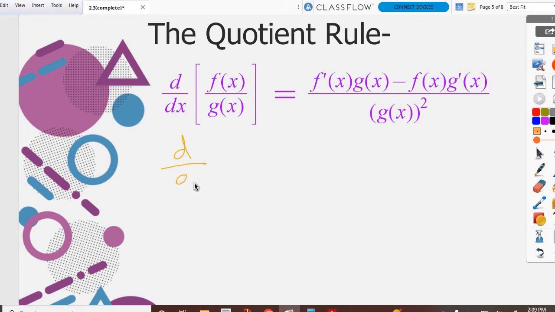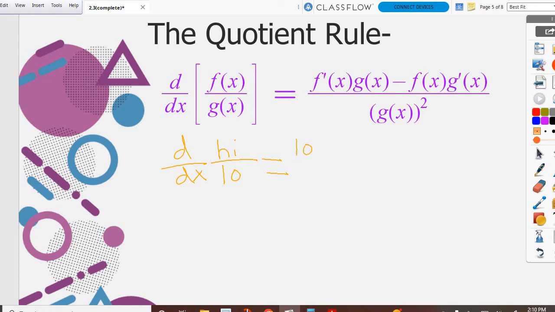So we have the derivative. You have the top, which we're going to call high, and the bottom, which we're going to call low. So we just keep our first the same.